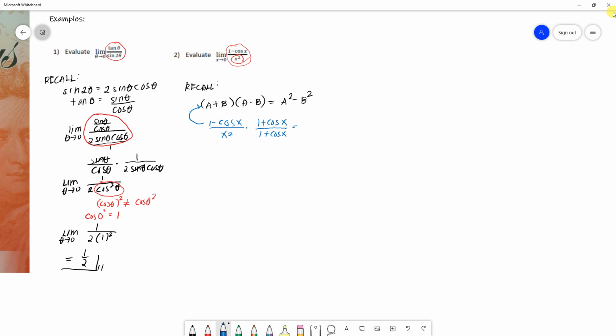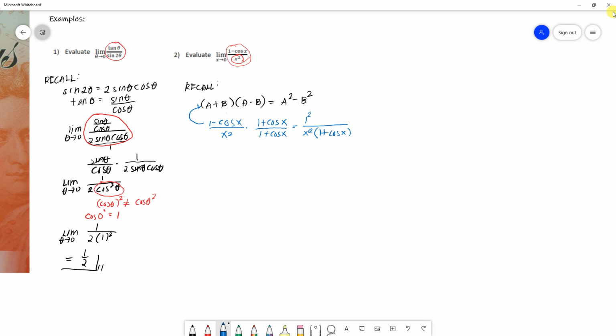So, if this is the case, this is now equals. Okay, yung denominator, walang problema. You just simply multiply yung x squared by 1 plus cosine x. Pero yung numerator, yan, product rule na yan. So, i-apply natin yung sa product rule. So, si a times a ay a squared. So, it means 1 times 1 ay 1 squared.